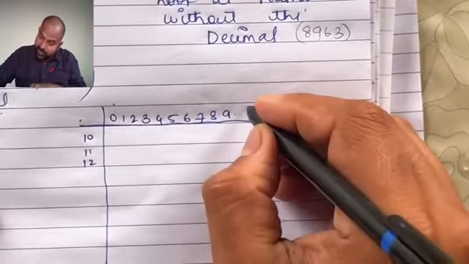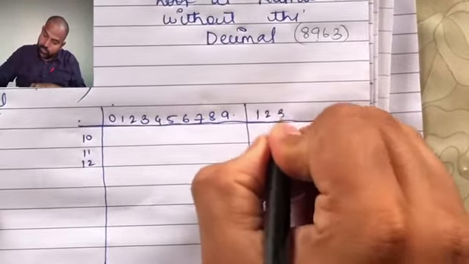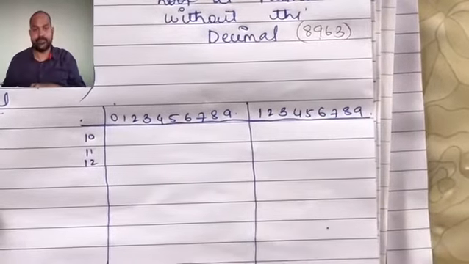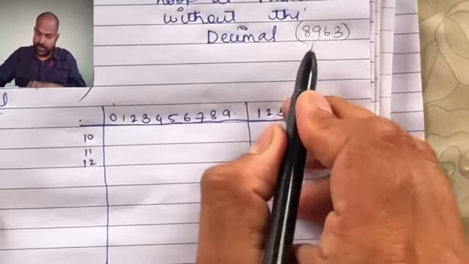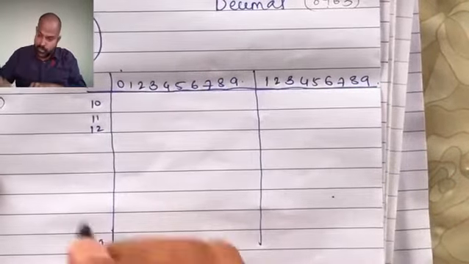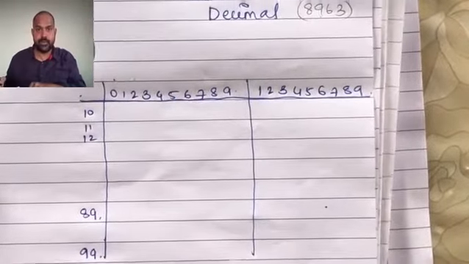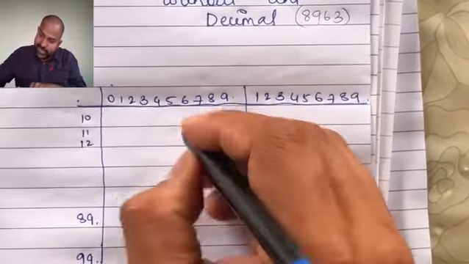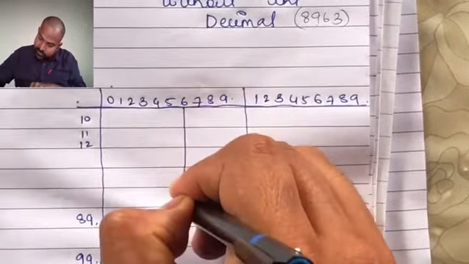And then there is another bifurcation which is 1, 2, 3, 4, 5, 6, 7, 8 and 9. So you look for the first two digits, which is 89 in the first column. So let's say 89 is somewhere here. In 89 you have to look for 6. So 896 will be, this is 89 and this is 6.